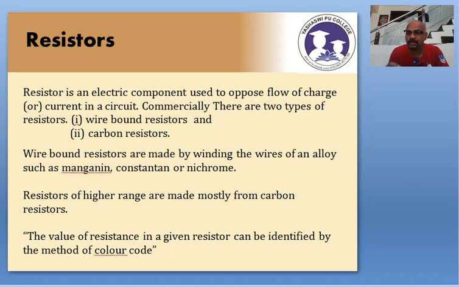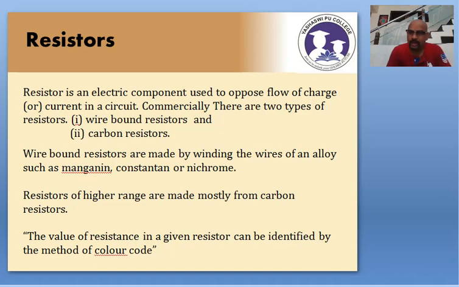Wire bound resistors are made of alloys like nichrome, constantan, manganin, and these wires made of alloys are wound, and these windings behave as resistors. Resistances in the higher range, kilo ohms and so on, are made up of carbon material. So there are two types.